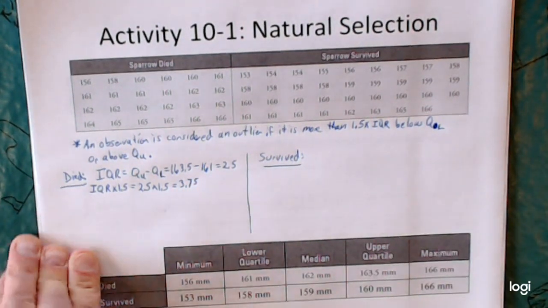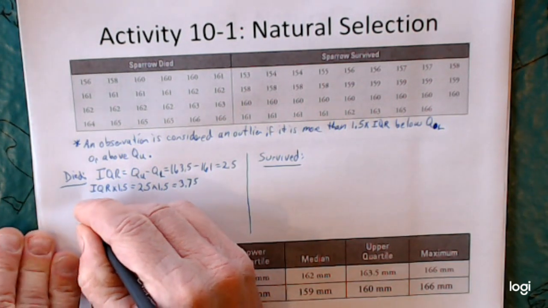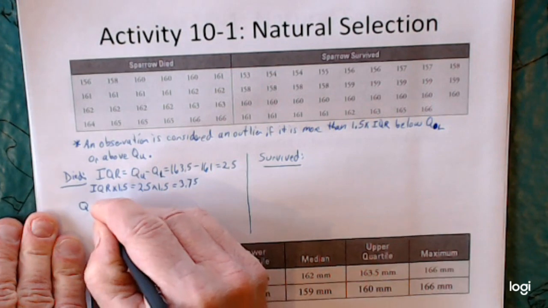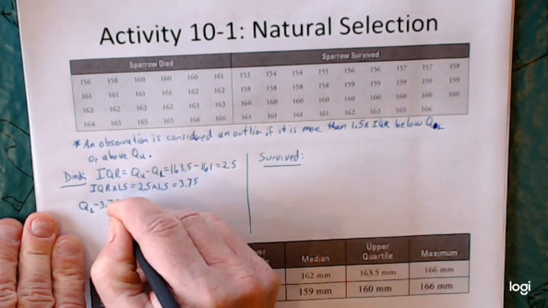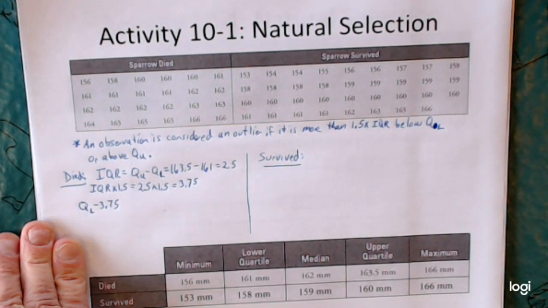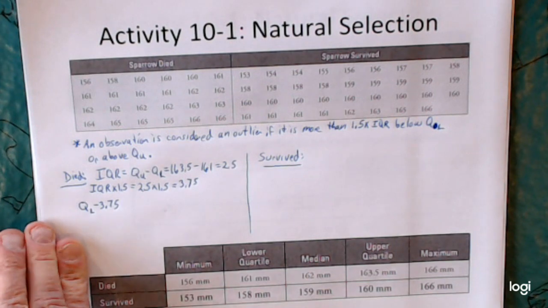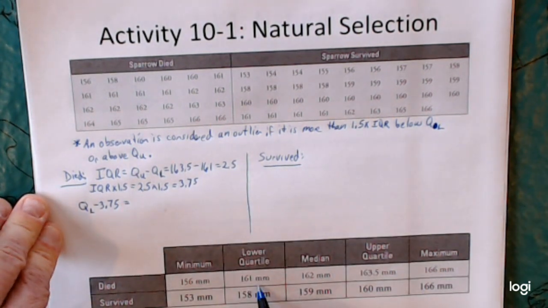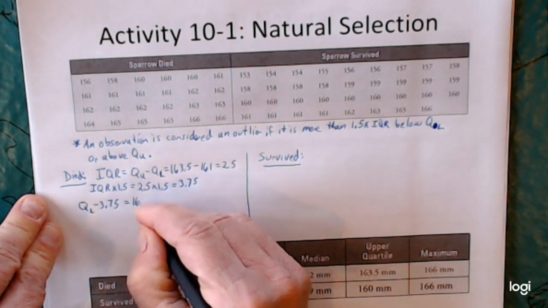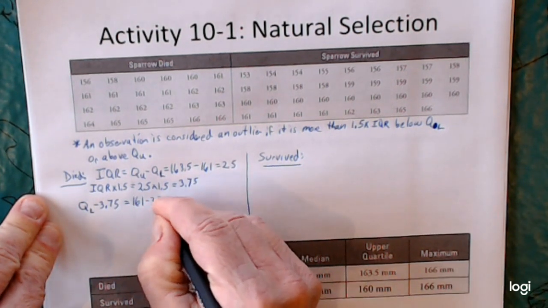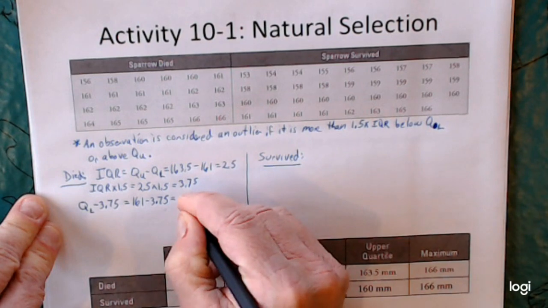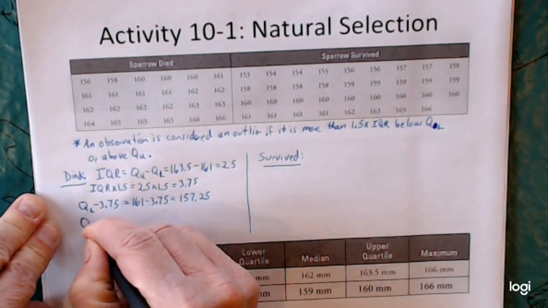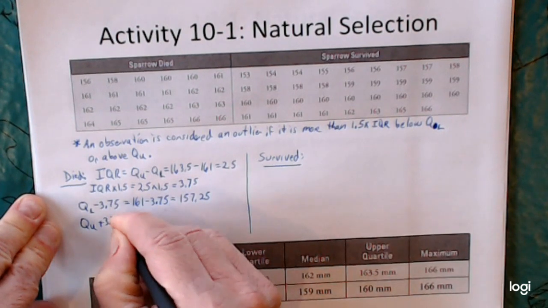Then we subtract that from Q1, or QL. I use those interchangeably, the lower quartile and the first quartile. So QL minus 3.75, where the lower quartile is 161, gives me 157.25. And then I also do QU plus 3.75.